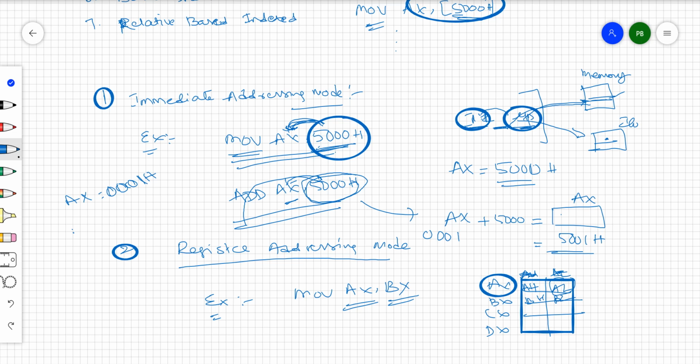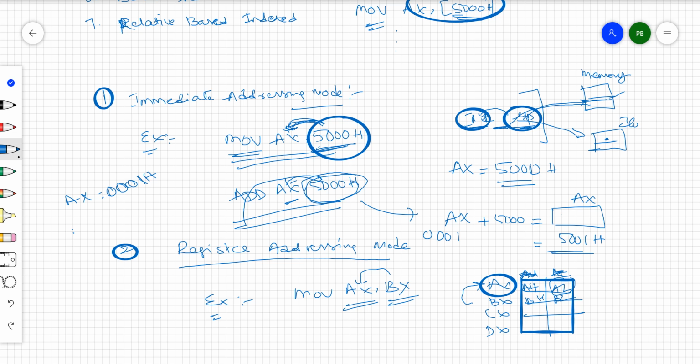If you look at this particular instruction, what the processor has to perform while executing it is this: whatever data is present in the BX register needs to move to the AX register.